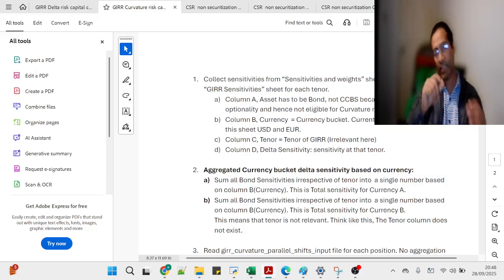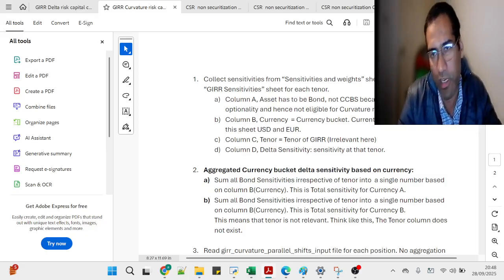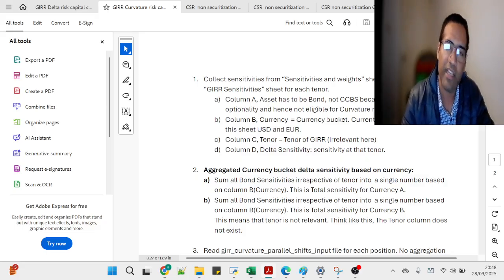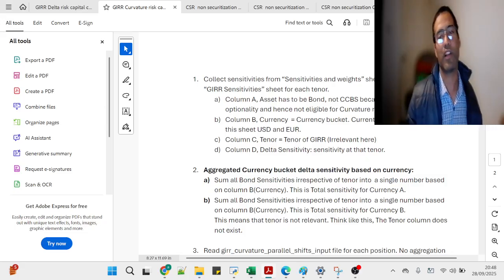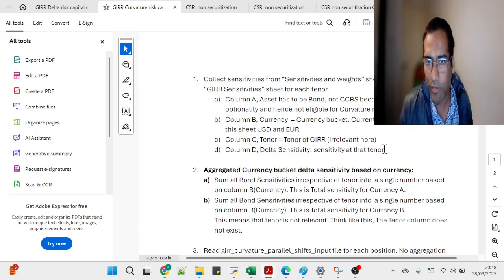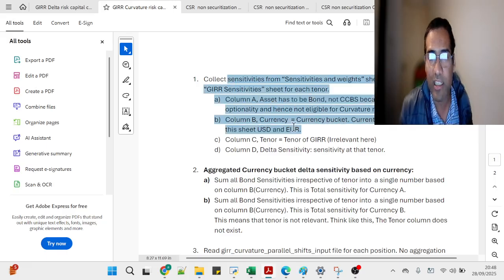You calculate Vega sensitivity by changing the implied volatility. Once you change the implied volatility, you can calculate Vega. It is the sensitivity to volatility, think of it like that. And we need delta sensitivity also.